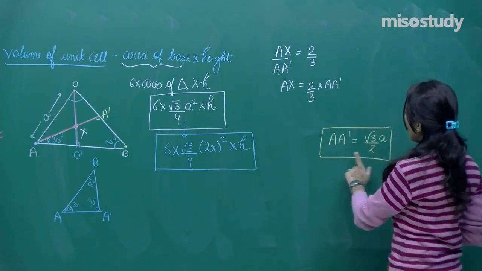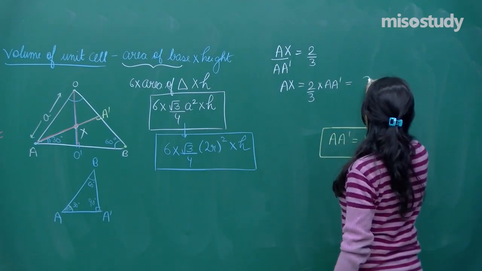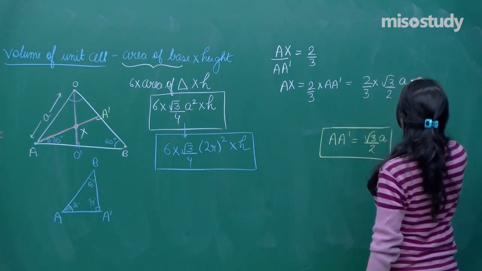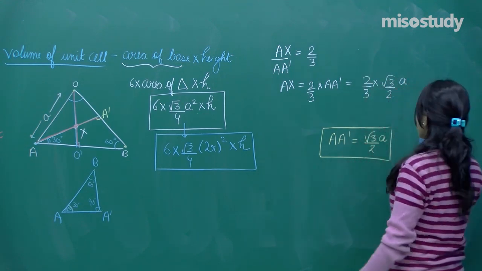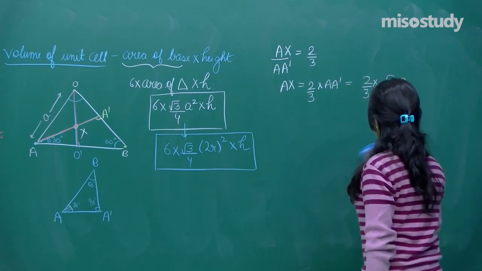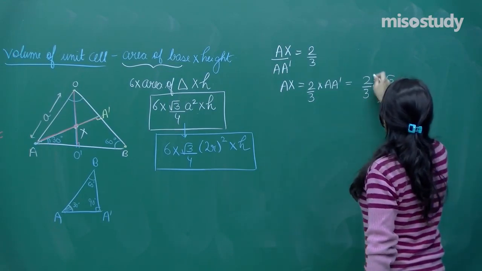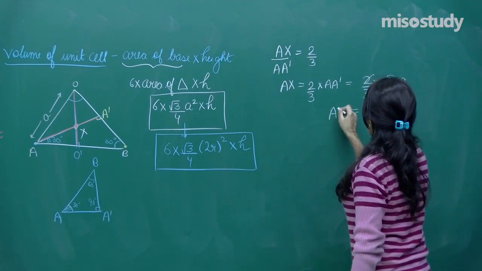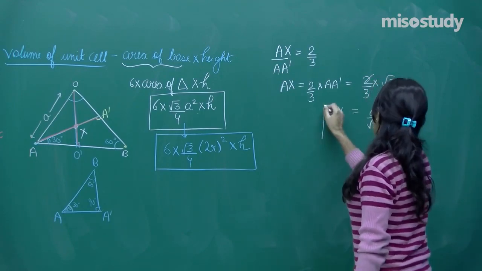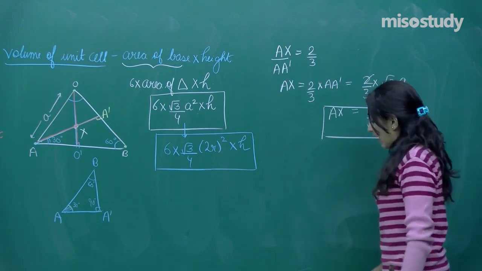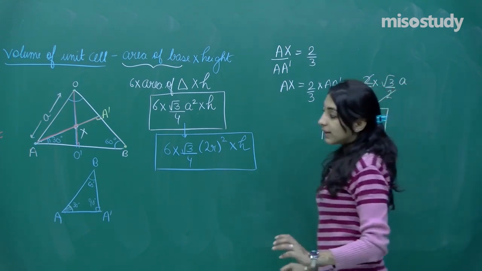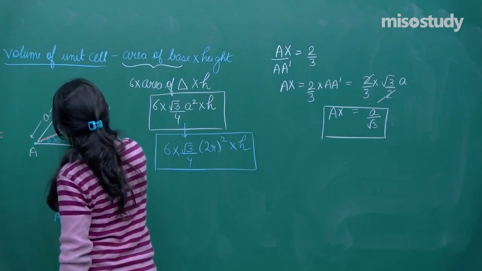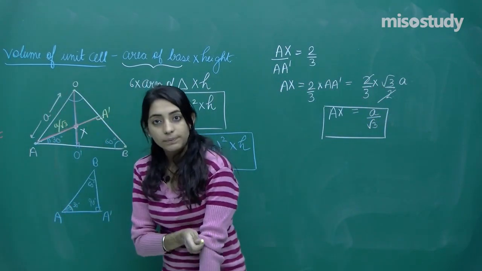Putting up the value of AA dash, which is equal to 2/3 into root 3 by 2 a. Let us see what value we are getting. So 2 and 2 will get cancelled. So we get a by under root 3. So we will get AX equal to a by under root of 3. See guys, once again, this value AX is a by under root 3.